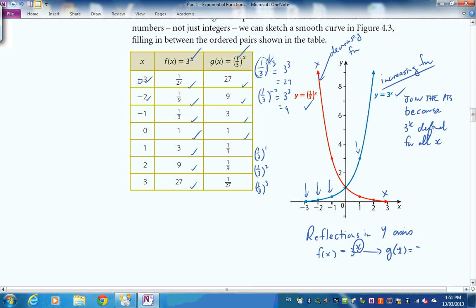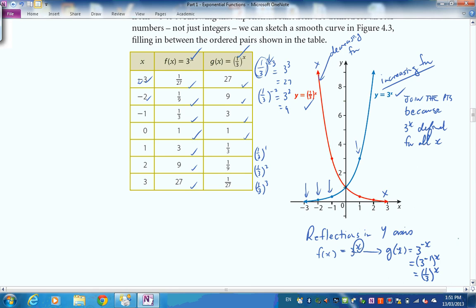It becomes neg x. Do you remember that from transformations? So 3 to the neg x, that's 3 to the neg 1 all to the x. 3 to the neg 1 is a third to the x.